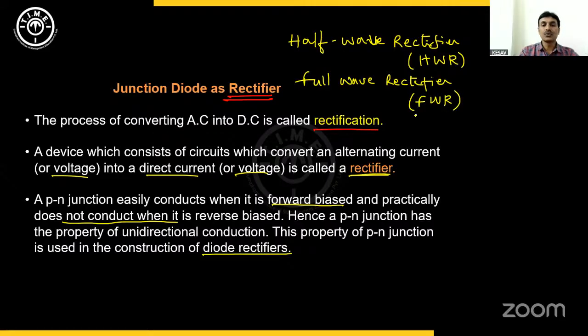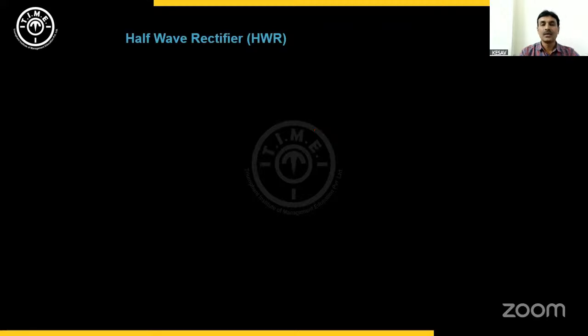So two types of rectifiers we have. The first one is the half wave rectifier. HWR stands for half wave rectifier. As the name indicates, it rectifies or converts half of the AC input signal into DC.